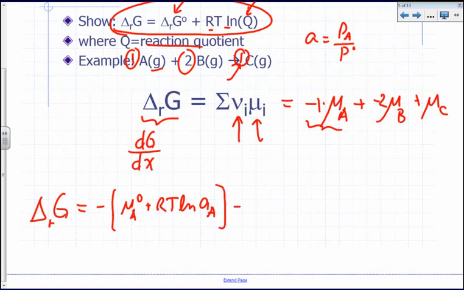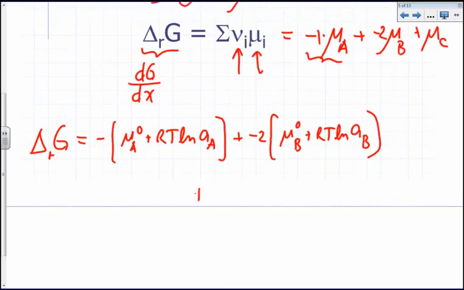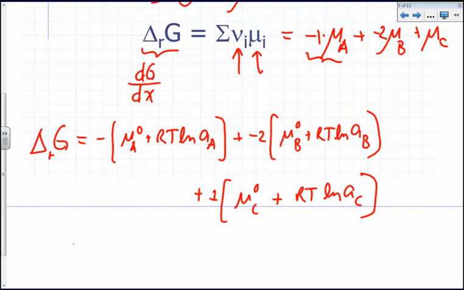All right, plus -2 times mu naught B plus RT natural log of the activity of B. Plus chemical potential of C, so 1 times mu naught C plus RT natural log of the activity of C. I'm going to combine all the terms that involve standard potential.